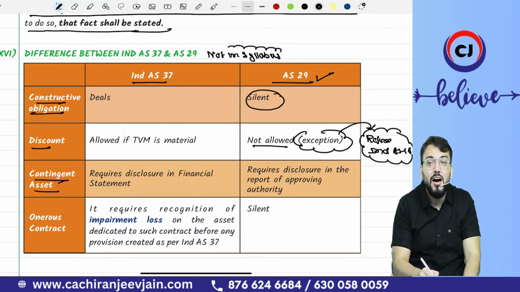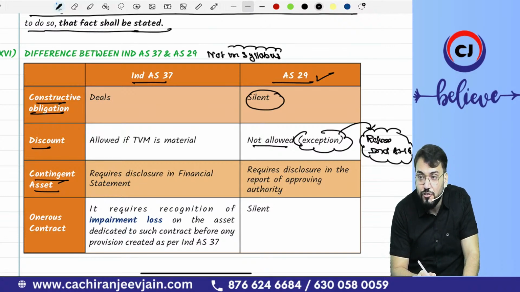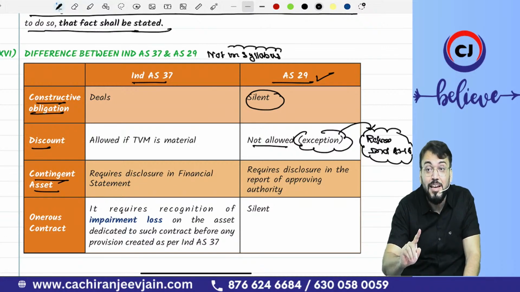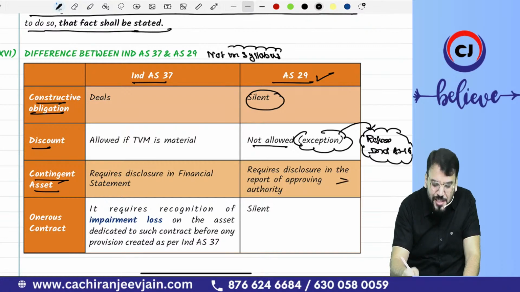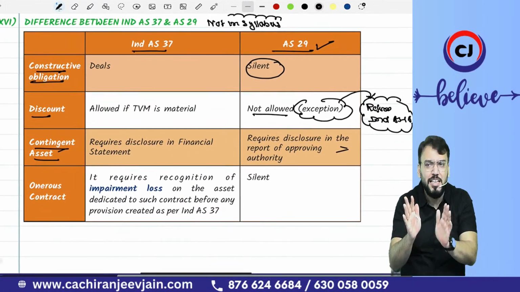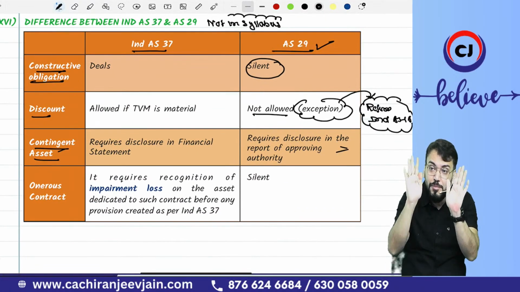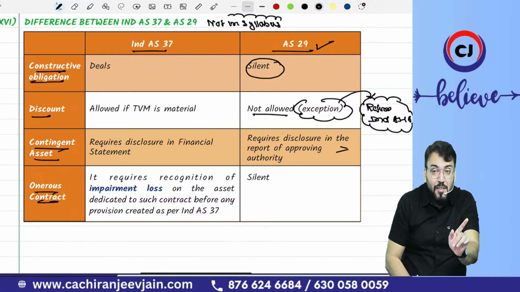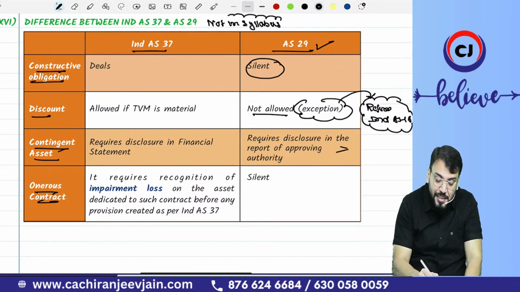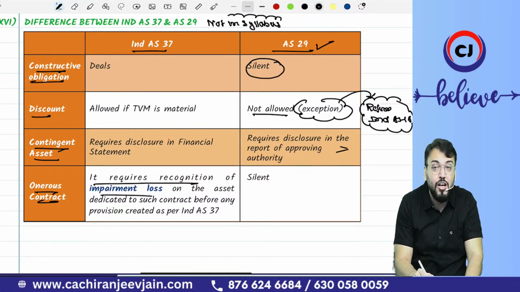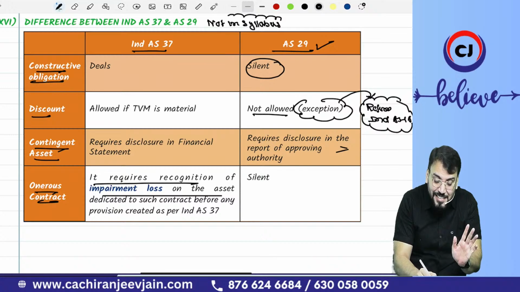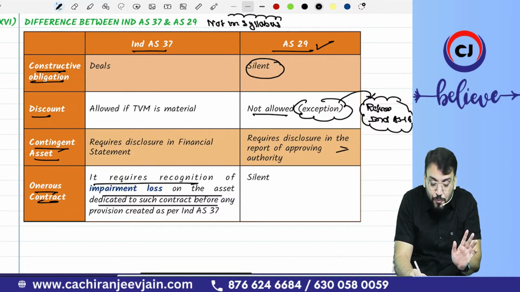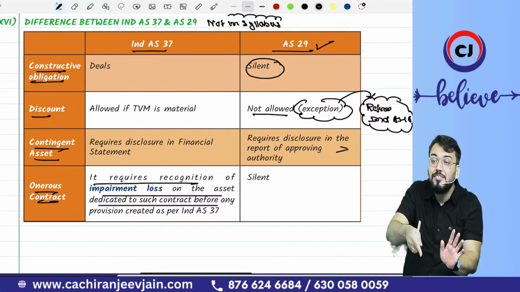Contingent asset: Ind AS 37 requires disclosure in the financial statements. However, AS 29 used to say disclose in the report of the approving authority. This was a totally useless point. Correct. Onerous contract: Ind AS 37 says it requires recognition of impairment loss on the asset dedicated to such a contract before any provision is created as per Ind AS 37.